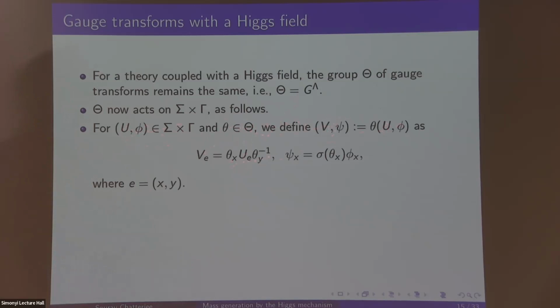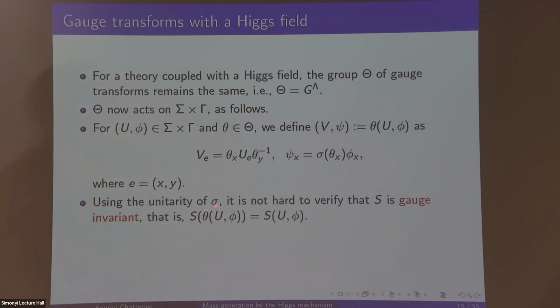The action on U is the same as before: for an edge E = xy, the new U_E is theta_x U_E theta_y inverse. But the action on the Higgs field has a novel definition. You take theta_x, apply the representation sigma to it to get a K by K matrix, and multiply phi_x by that to get the new Higgs field. That's the action of a gauge transform on the pair.